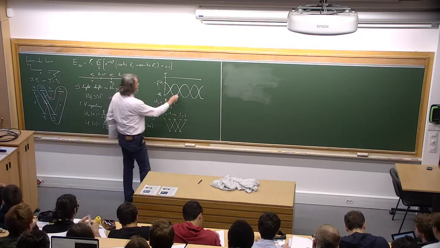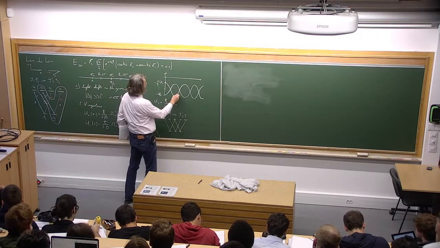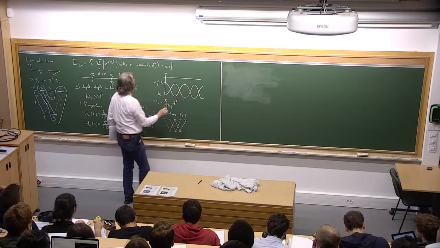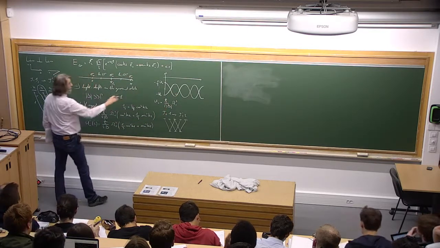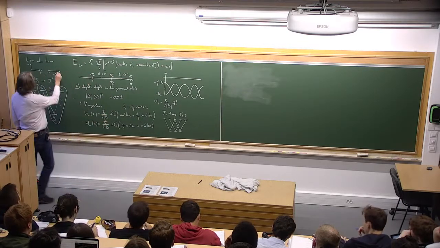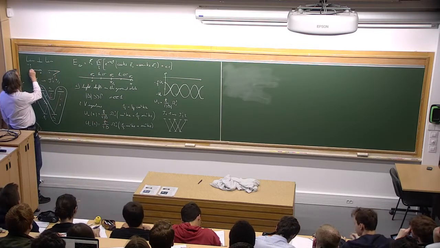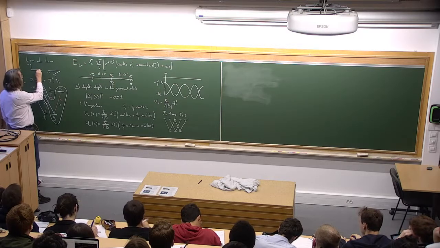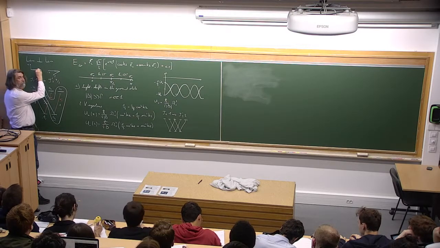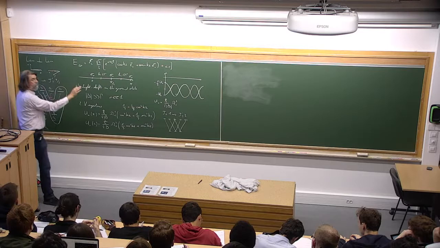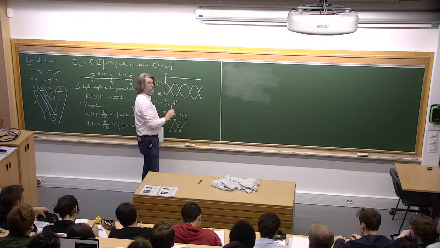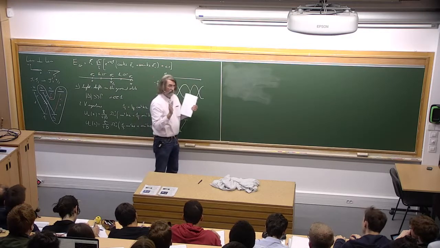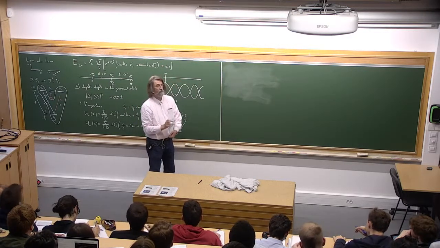So if you are here, you have a force that goes in this direction, which means that the atom in this state will prefer to absorb photons from this wave and emit stimulated photons in this wave. Up to now, we do not have any spontaneous emission. So this is just absorption and stimulated emission effect.